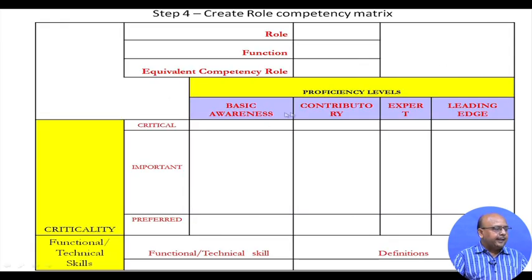This talks about the proficiency level, from the novice to becoming a leader in the field, right. It means here the competency level is the highest, but you need to identify for a given job what is the competency level which will lead to superior performance, and it may vary depending upon the kind of competency that you have taken.